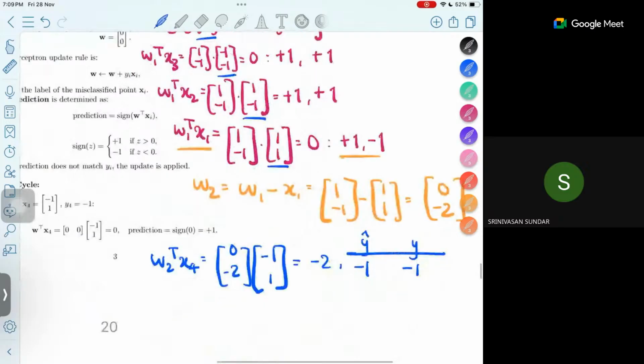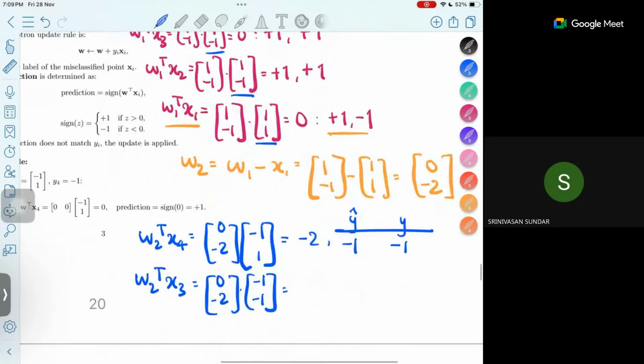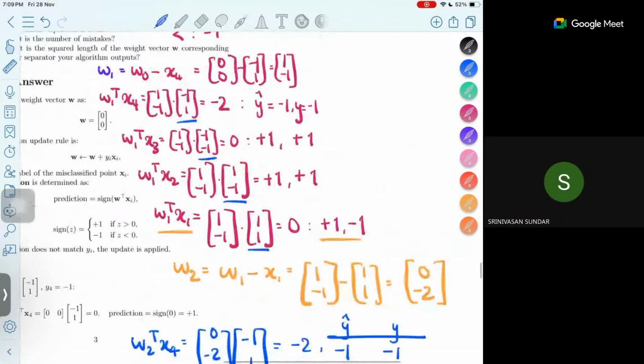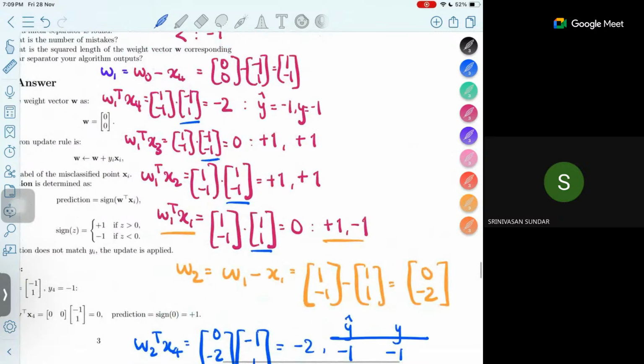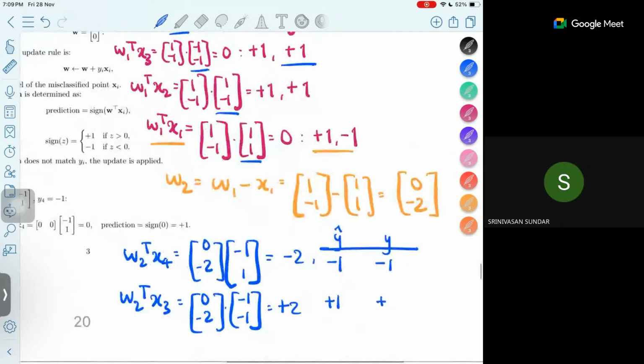Okay, now W2 transpose x3 is equal to 0 comma minus 2 dotted with minus 1 comma minus 1. So this is plus 2. So this is plus 1 and the true label is also plus 1.